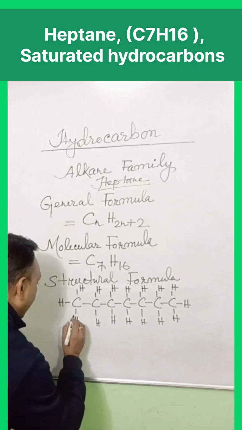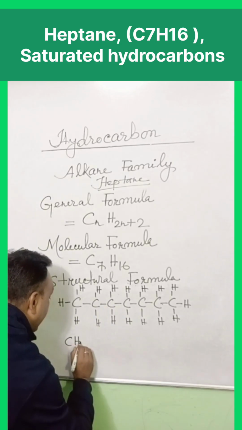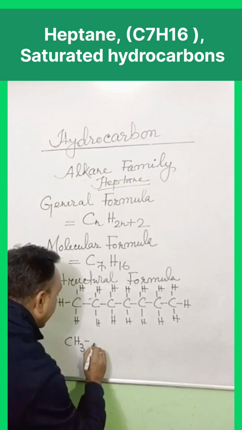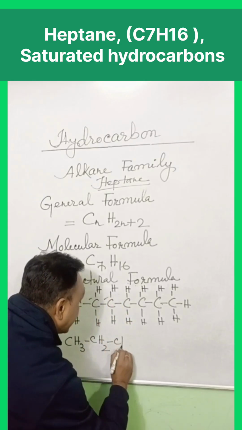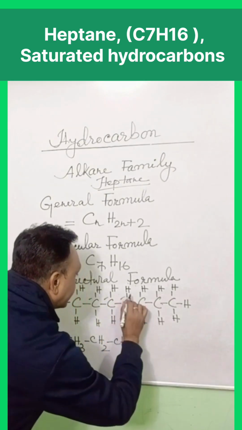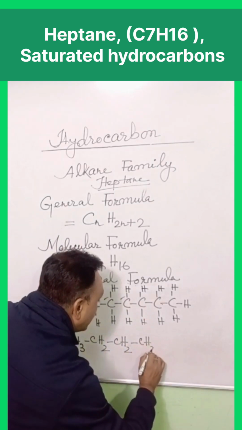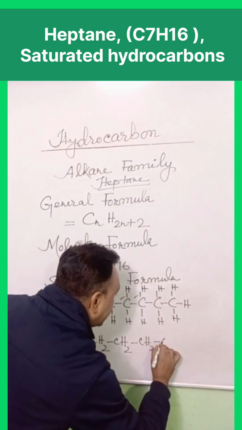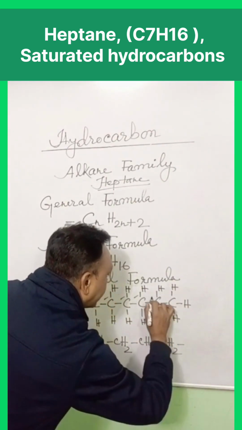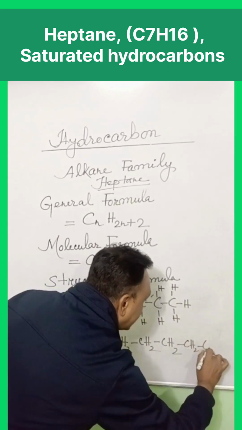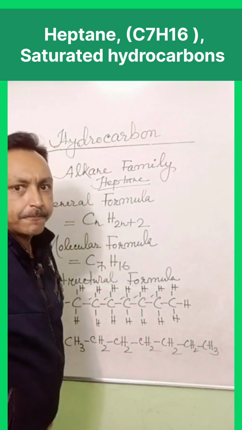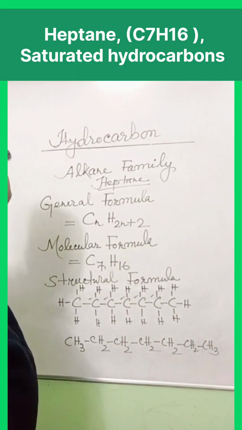Now the condensed formula will be CH3, then CH2, CH2, CH2, CH2, CH2, and then CH3.